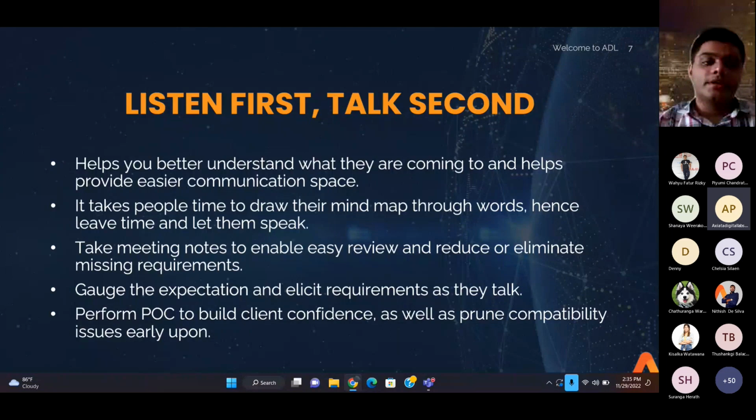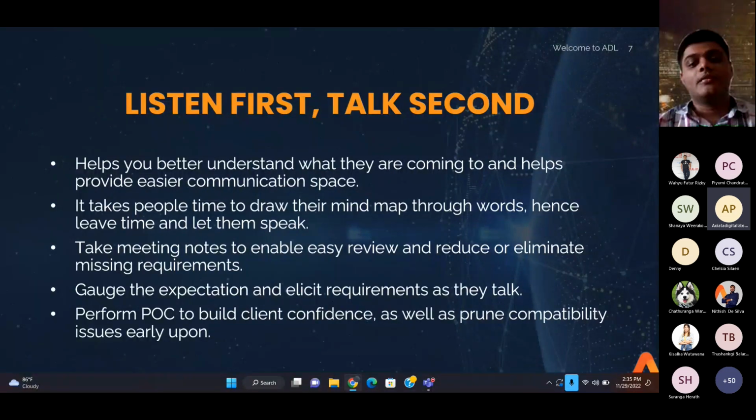So this would help you understand what they are coming to, what they are trying to ask, and what their thinking pattern is. It reminds you when you listen. And also it provides an easier communication space. It takes time for the people to create the mind maps through words.